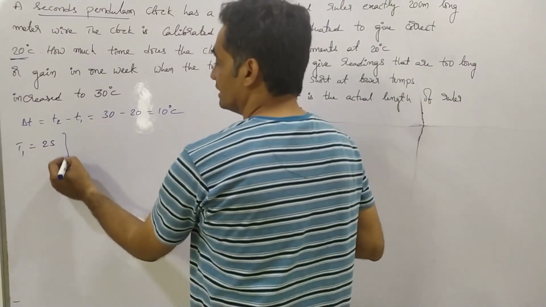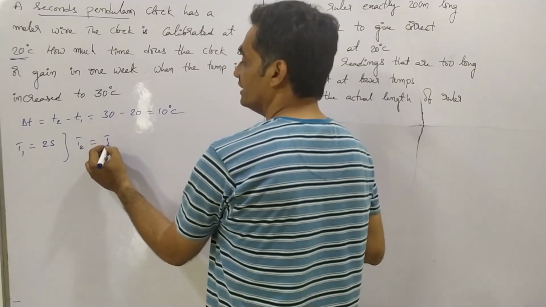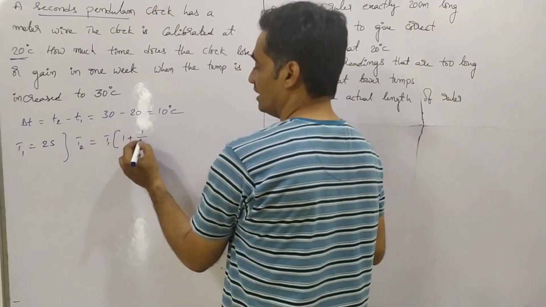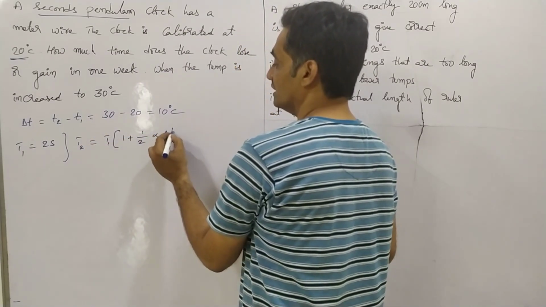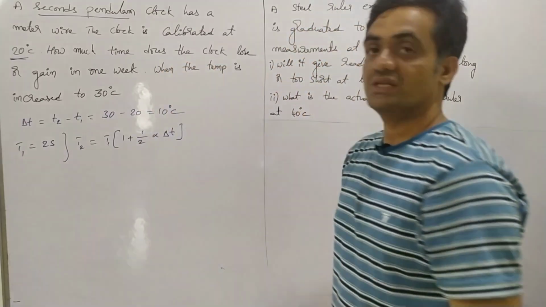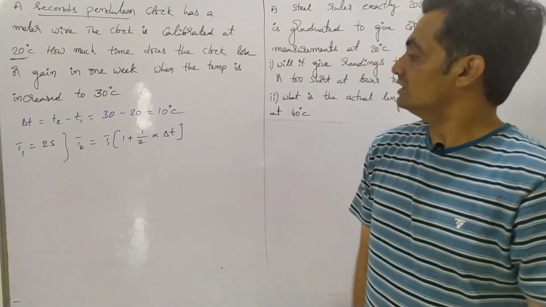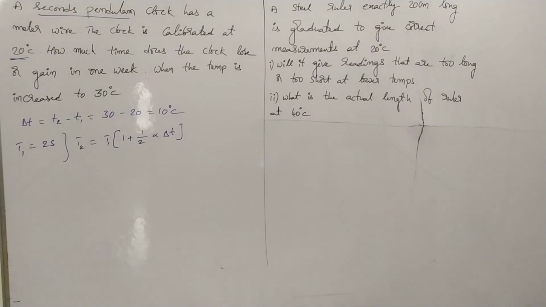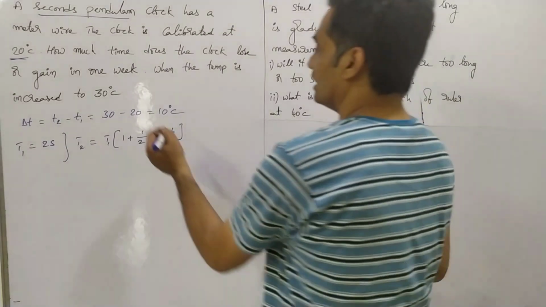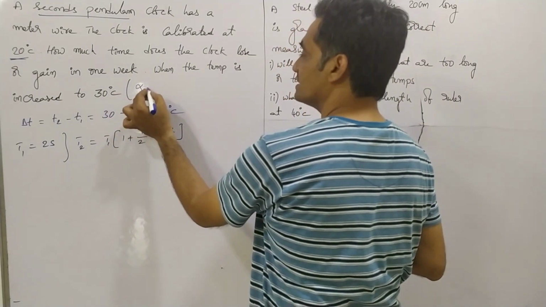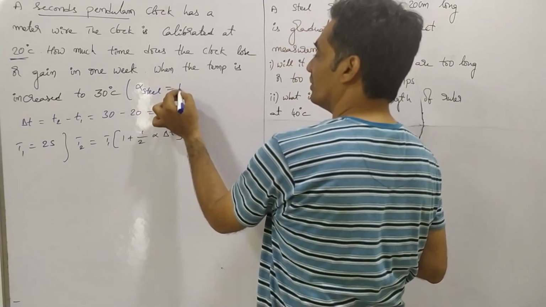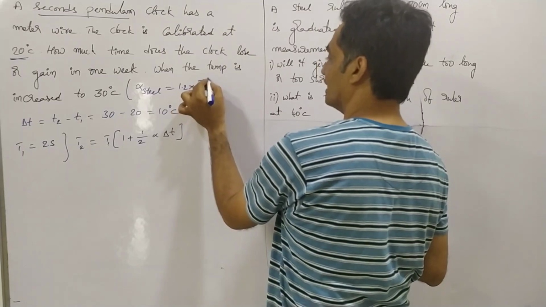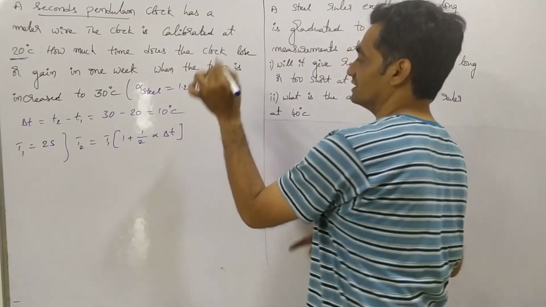Then T2 is equal to T1 into 1 plus half alpha into delta T. Here alpha represents the linear expansion, where alpha of steel is 1.2 into 10 to the power of minus 5 per degree Celsius.